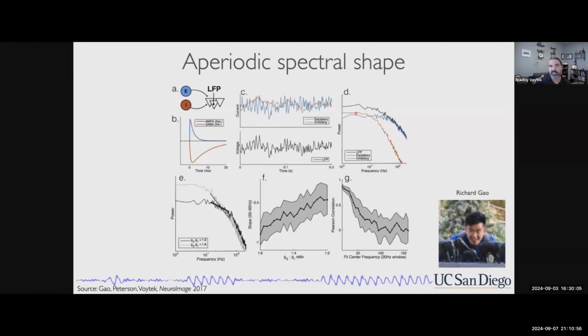And if you do the power spectrum of these, you'll see that if a signal is purely driven by excitatory currents here, these AMPA-ergic currents, you can see that the knee here is much farther out in the frequency domain, whereas here in the purely GABA case, it is back here.